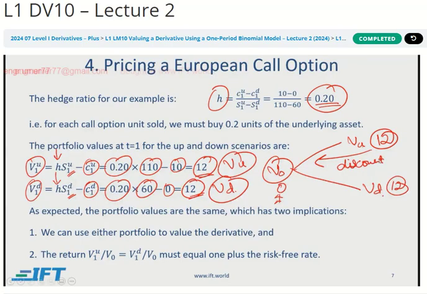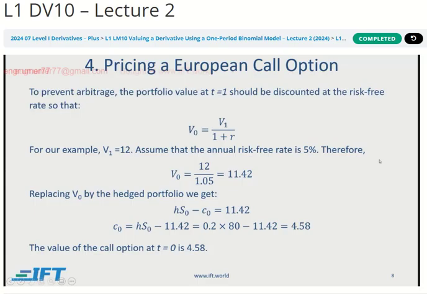And that is what is being done in the next slide, that this value tomorrow, whether up or down, you just discount it back one period and you get the value today. So whether up or down, the value is 12. The risk-free rate is 5%. So you divide it by 1.05 and you get to 11.4.